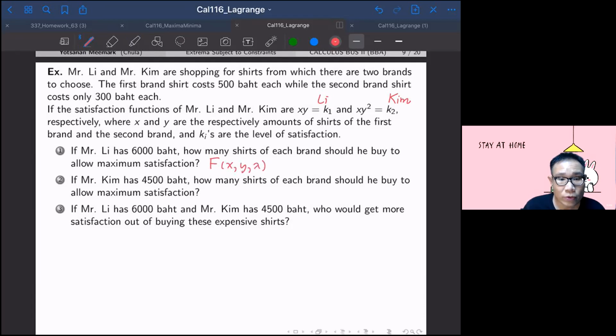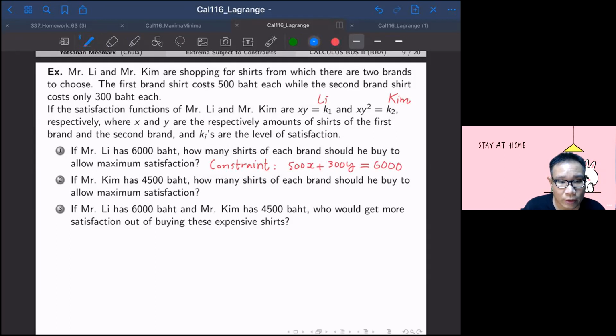So I'm going to construct the constraint. The constraint in the first case will be 500x plus 300y equal to 6,000. So that's your first constraint.